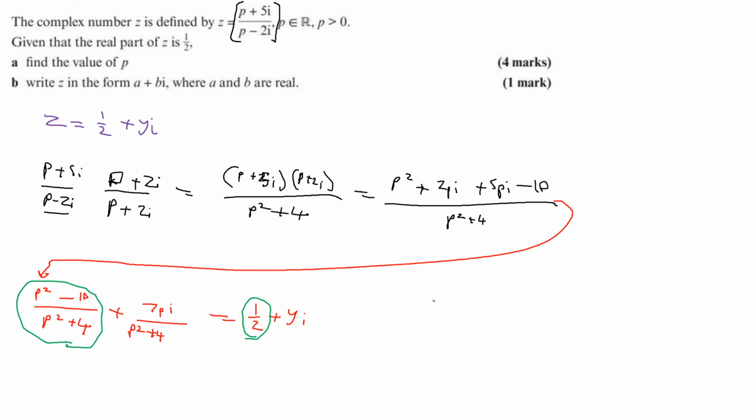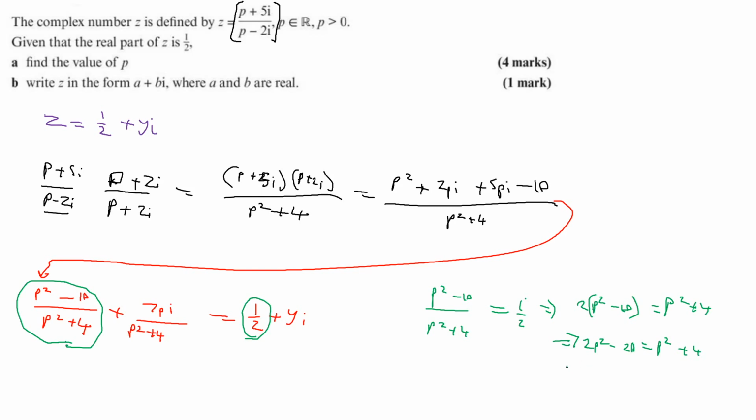So, p squared minus 10 over p squared plus 4 is equal to a half, which means that 2p squared minus 10, if we cross multiply that, is equal to p squared plus 4, which means that 2p squared minus 20 is equal to p squared plus 4.